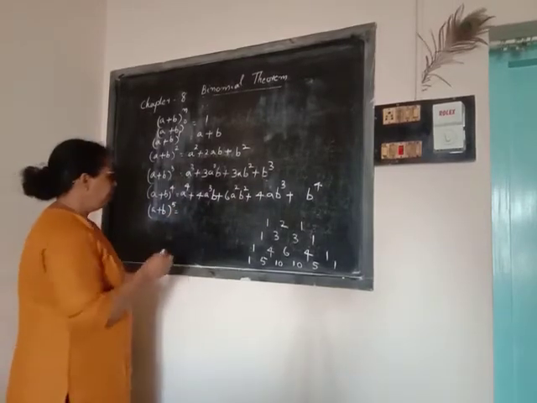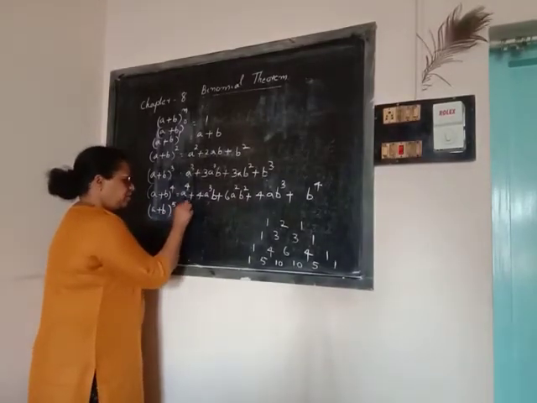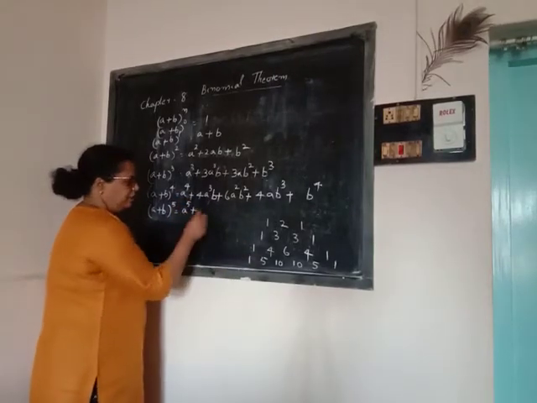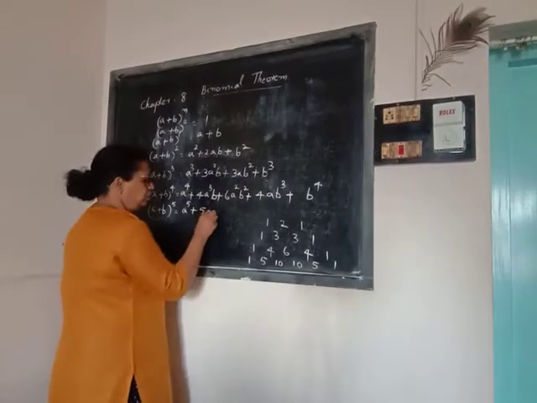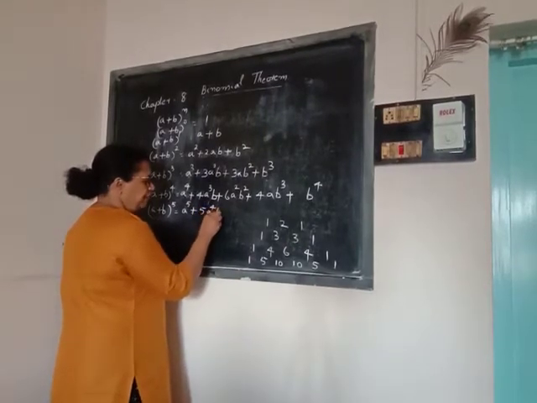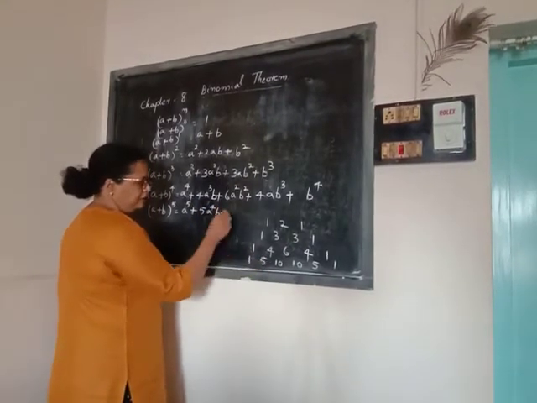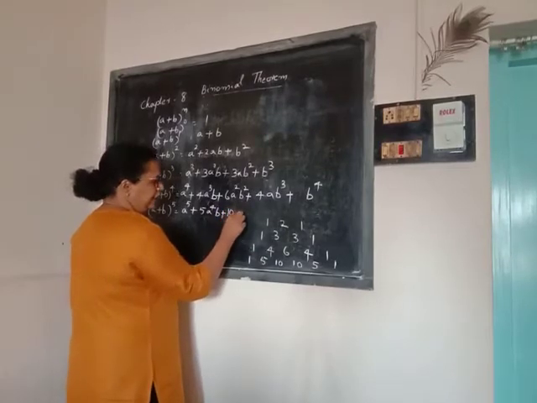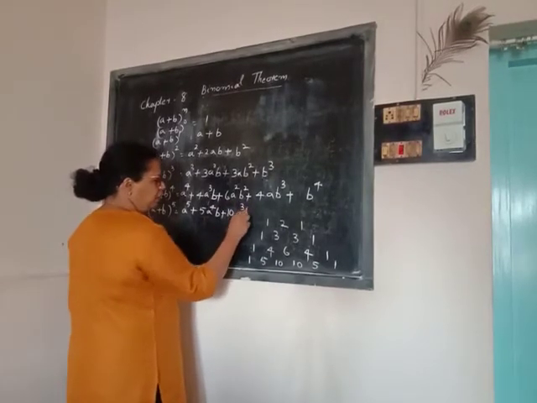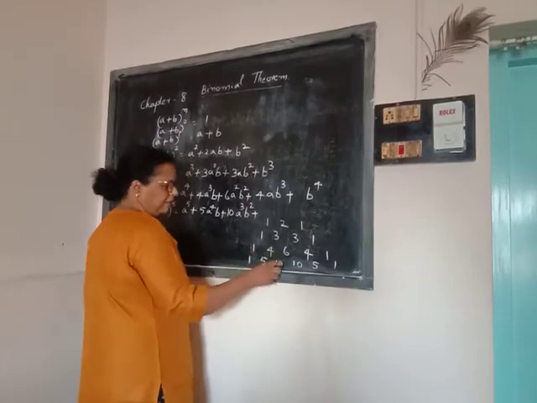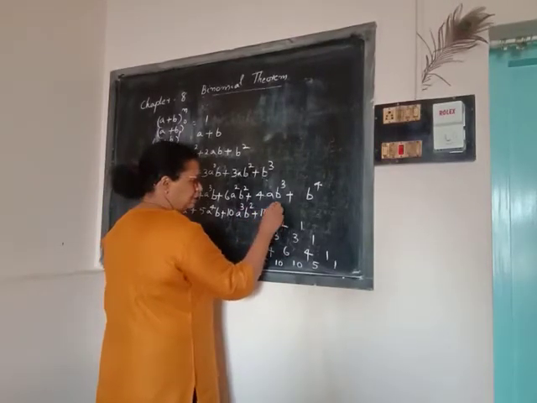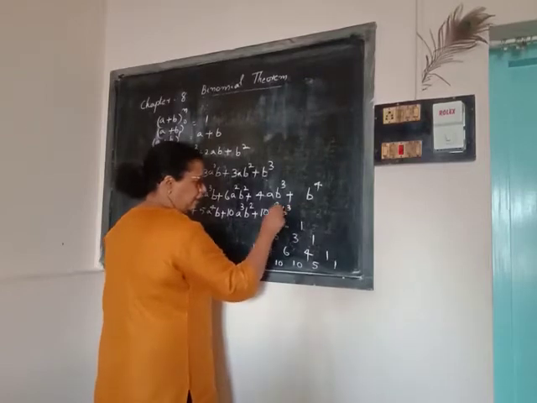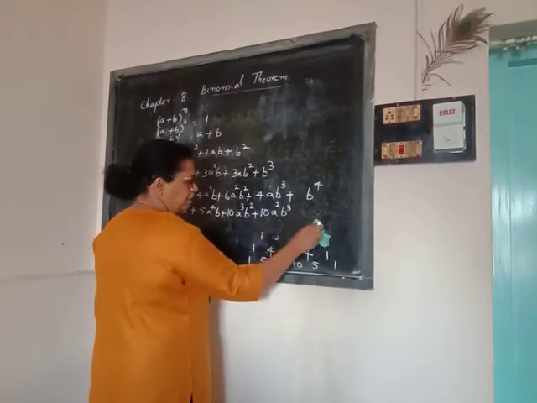What is the first term? A plus B whole raised to 5: A raised to 5 plus coefficient 5. Power of A is 1 less, so A raised to 4 B plus, after 5 it is 10, 10 A power again less, A cube B squared plus, after 10 it is again 10, so 10 A squared B cube.